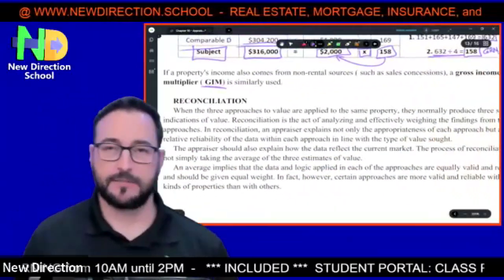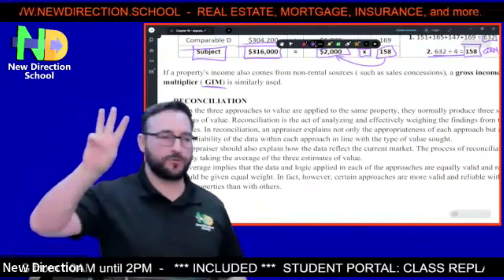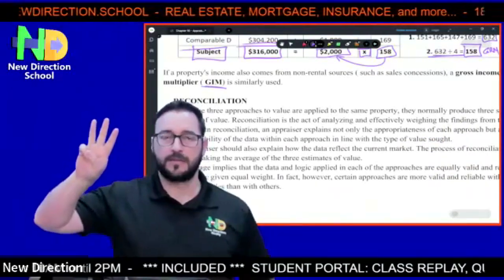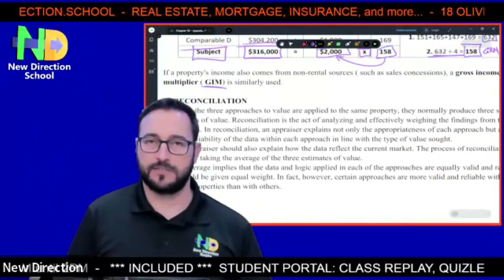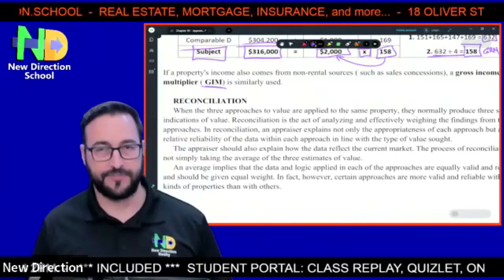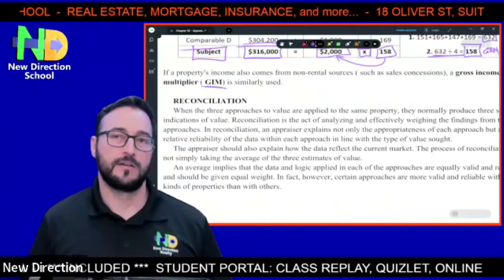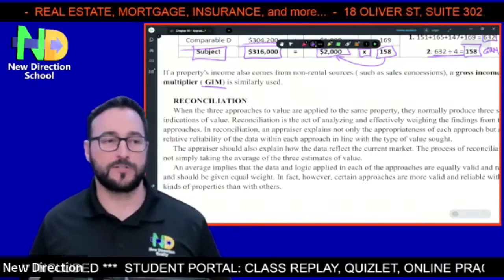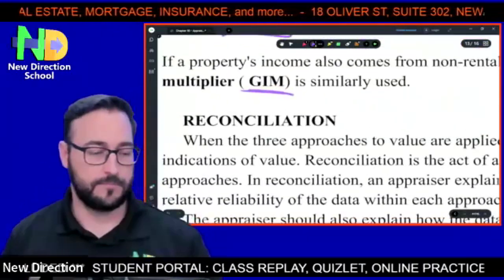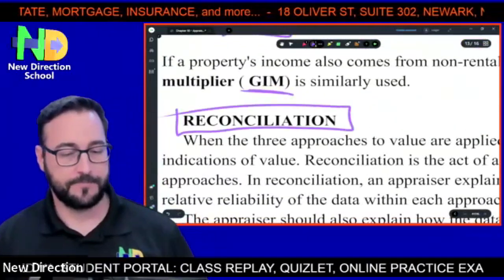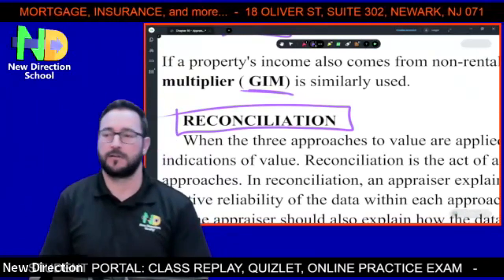Now, what do we do next? We found the three approaches to value. Some are applicable, some are easy, some are not as easy to figure out depending on the type of property. But once you have the three reports, one of the things we do is reconcile. What does it mean to reconcile?